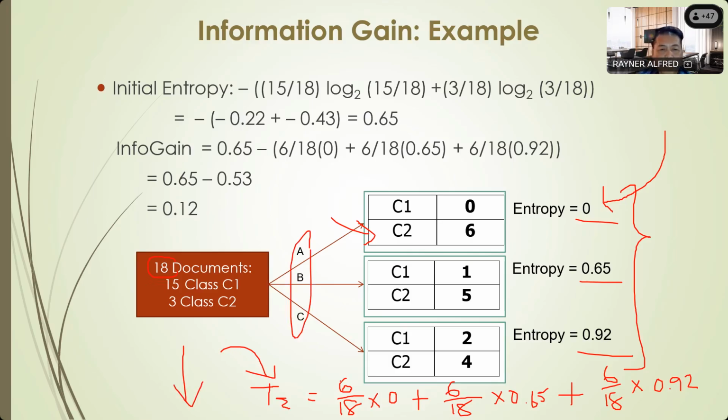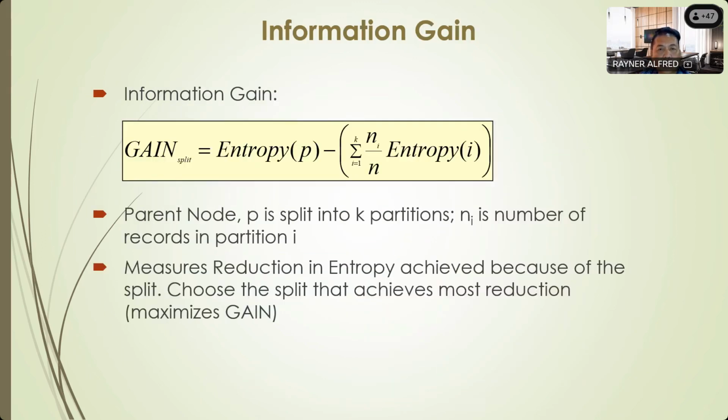Okay, if we want to look at the formula, we go back to this one. This is the accumulated entropy, and this is the weightage. The i here refers to the number of groups that you have partitioned into.